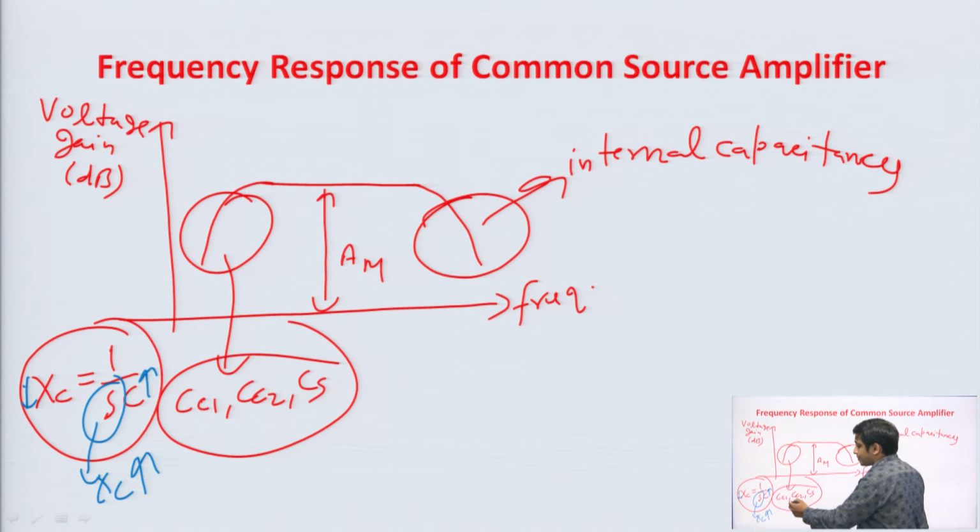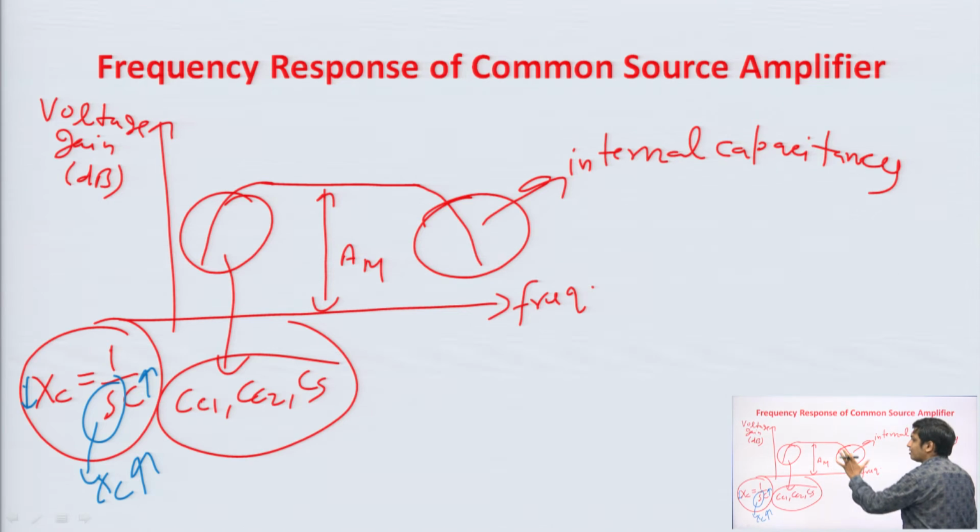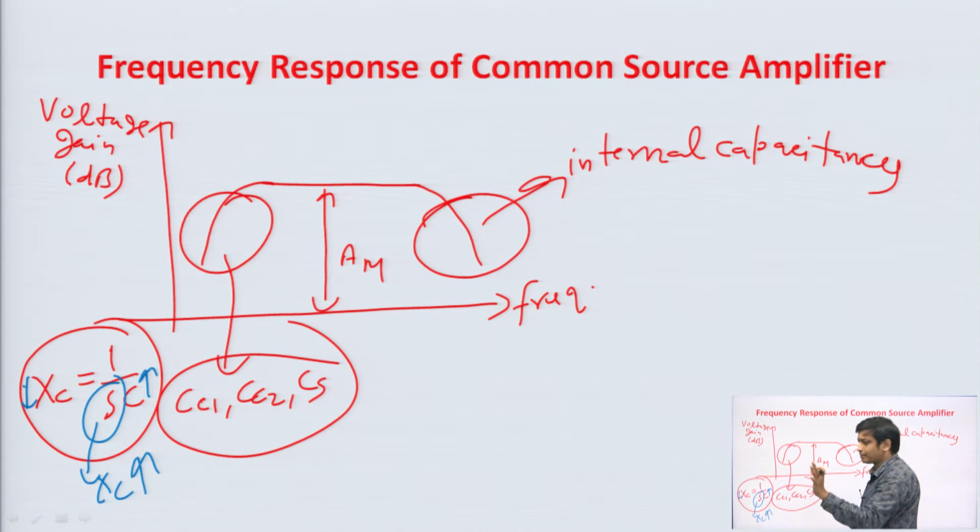At low frequency the capacitive impedance will increase. It means that now the coupling capacitor will no longer be a short circuit, it can be an open circuit at low frequency, because the capacitive impedance is increasing. That is the issue. That is why at low frequencies, since the coupling capacitors are no longer acting as a perfect short circuit, the voltage gain is reduced, but at mid and high frequency there is no issue from these coupling capacitors.